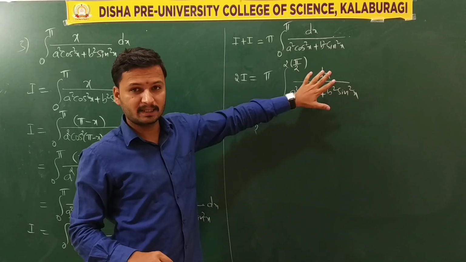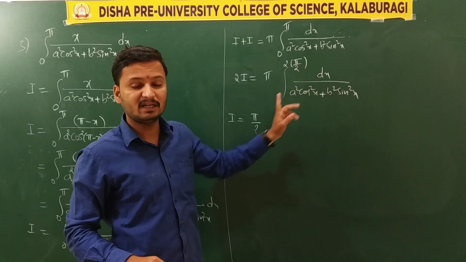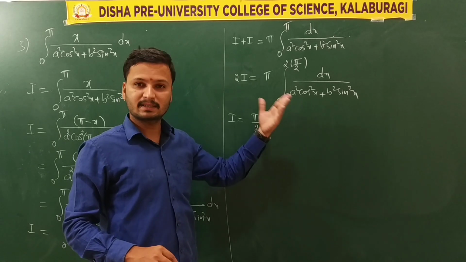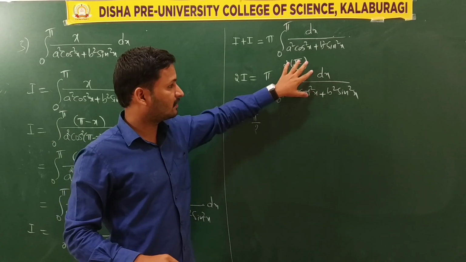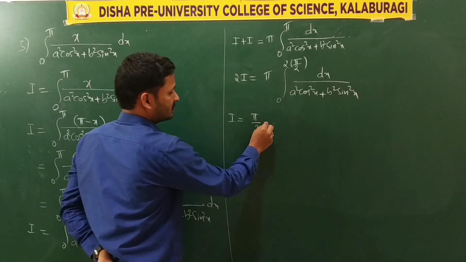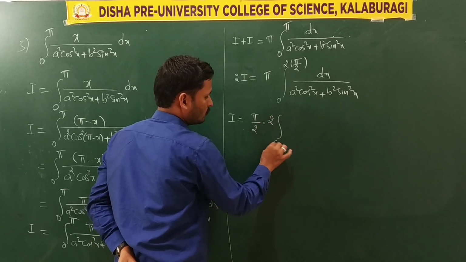So there are two possibilities. One, if f of 2a minus x is equal to f of x, then it can be written as 2 times the integral from 0 to a. If f of 2a minus x is equal to minus f of x, then the value of the integral is 0. Now this is of the form 2 times the integral from 0 to a.